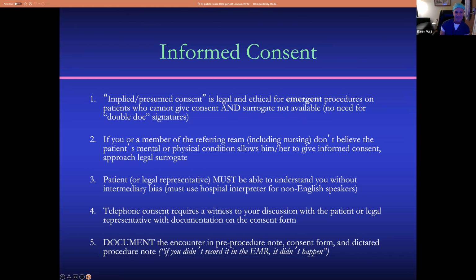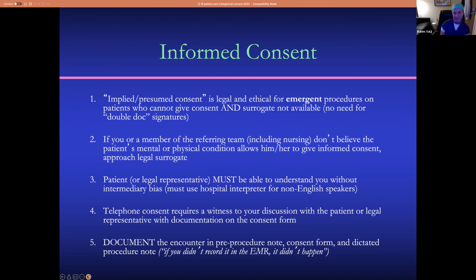Second point, if you or a member of the referring team, including nursing, doesn't think the patient's condition allows them to give consent, stop. You don't want to go up to the floor and get consent on some patient who seems a little bit drowsy or out of it, who you think probably can give consent, and have the nurse say, I don't think that person can give consent. If something happens, you're in real trouble.